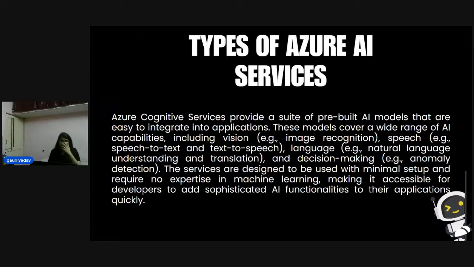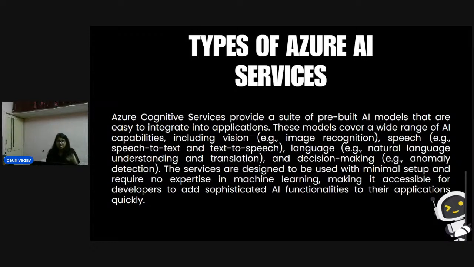And not just this, the way Cognitive Services work, it gives you a wider range of things that you can do analytics with as well. So imagine having access to ready-made functionalities for tasks like image recognition, speech to text conversion, and even natural language processing, all at your fingertips.